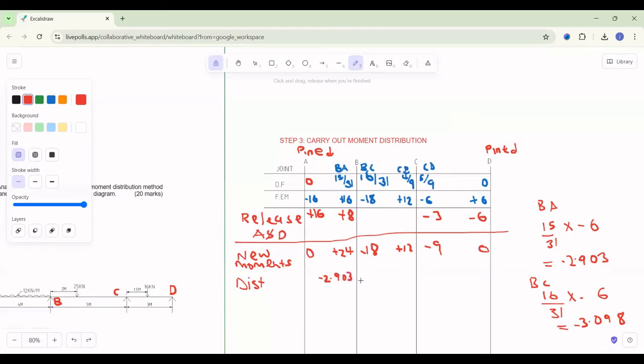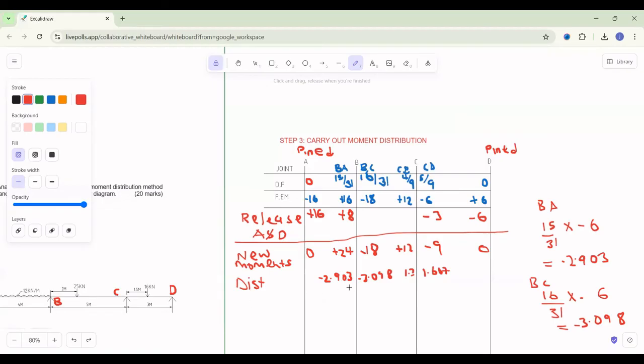This one will be negative 3.098. So you do the same here. If you work out the out of balance moment here, it is positive 3. So if you work out here, you'll get 1.3, and here you'll get 1.667.